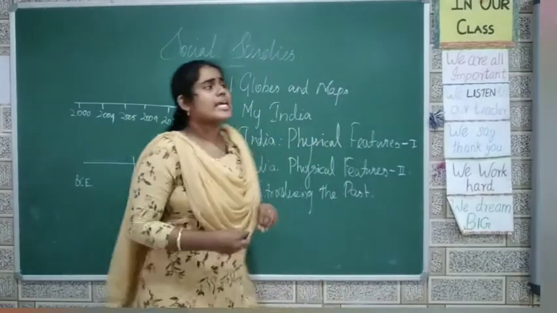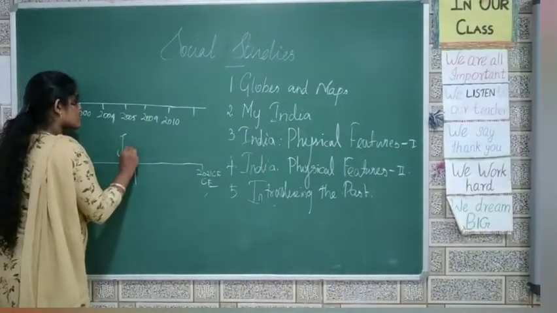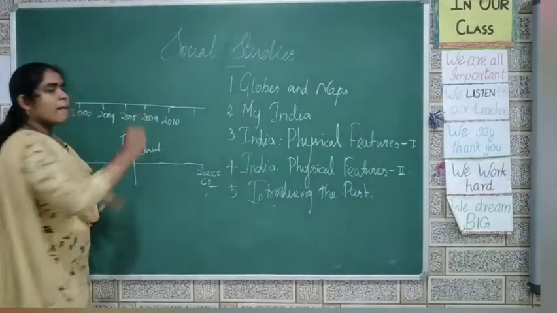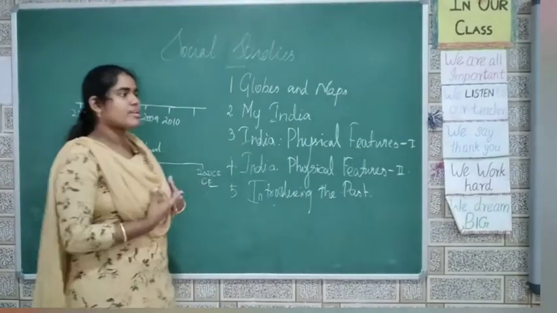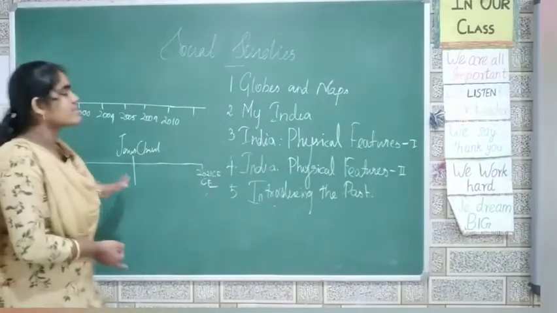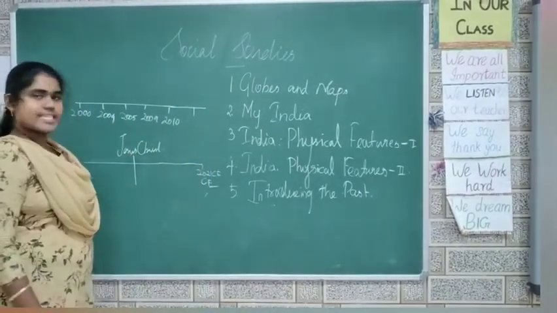So here the slit denotes the birth of Jesus Christ. Our timeline is divided into before the birth of Jesus Christ and after the birth of Jesus Christ. Here is the slit.